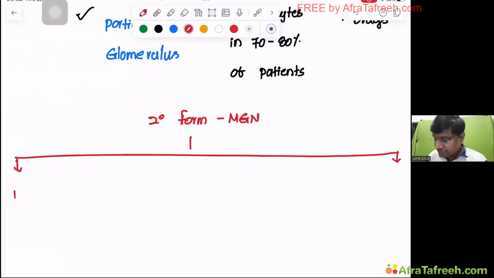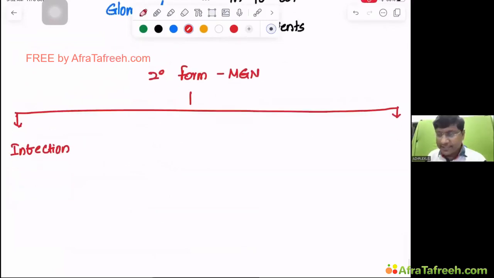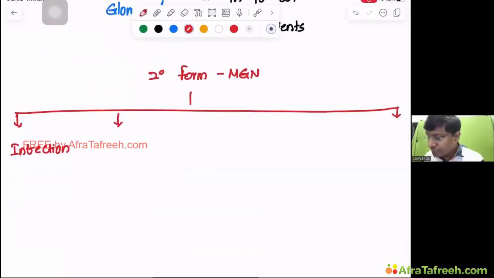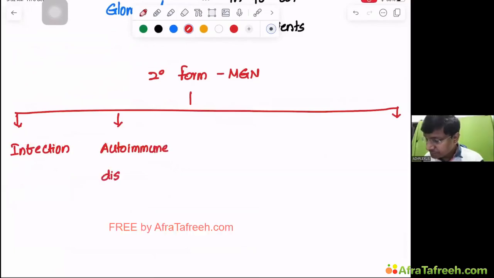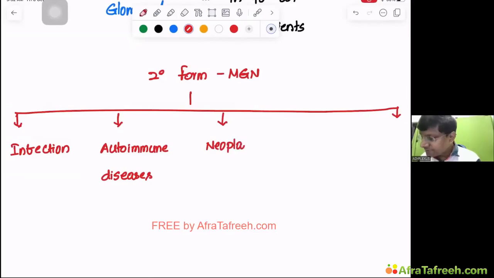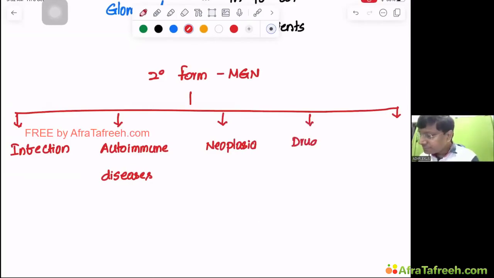One important, like what we have discussed, is infection, then followed by systemic autoimmune diseases, then neoplasia, then drugs which can contribute, then some miscellaneous conditions.